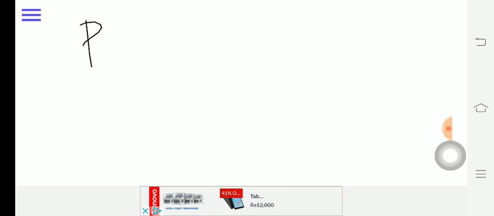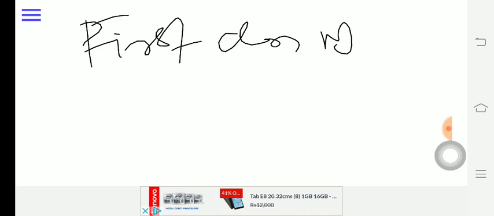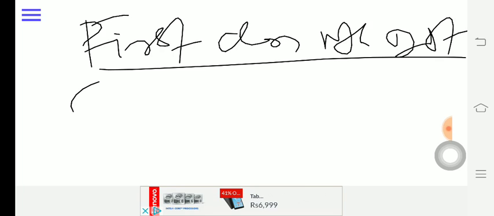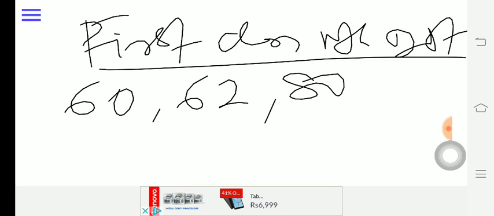So now consider the case of first class with distinction. In this case you will have to score 70% or more marks in aggregate and 60% or more marks in each subject. It means suppose you had scored 60, 62 and 80. Again you are passed with first class and distinction.